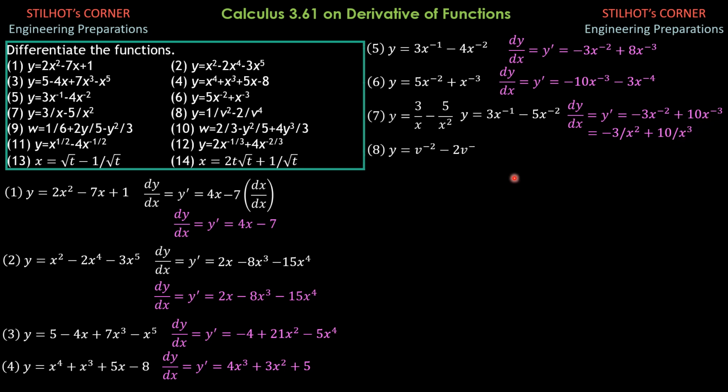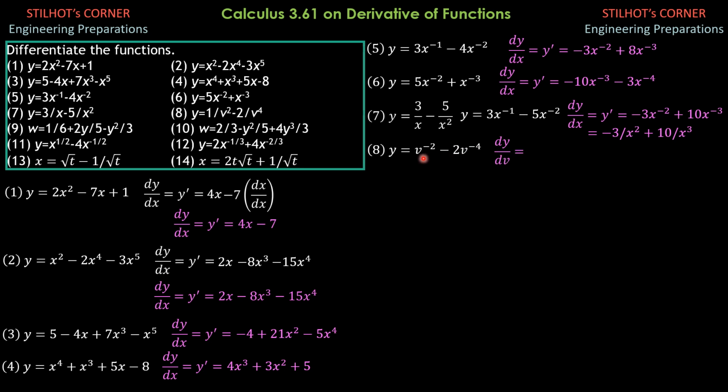Number 8, we transform this into exponential form so that we can apply the power formula. So the first one, dy/dv is equal to negative 2v to the negative 3. Then the second one, negative 2 times negative 4 is positive 8, v to the negative 4 minus 1, so v to the negative 5.